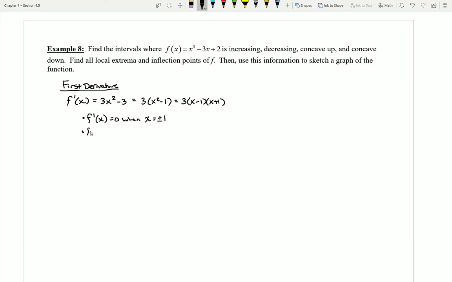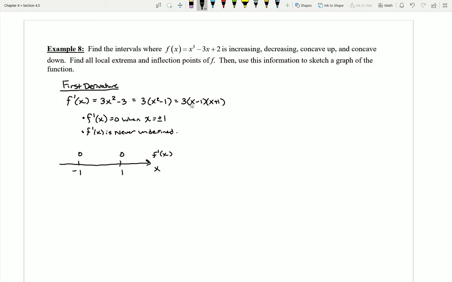And I can also see here that f prime of x is never undefined. Right? It's never undefined at all. So I'm going to take all this information and put it on a number line, x and my first derivative. Okay, so I have negative 1, positive 1. I know this makes the first derivative spit out zeros.